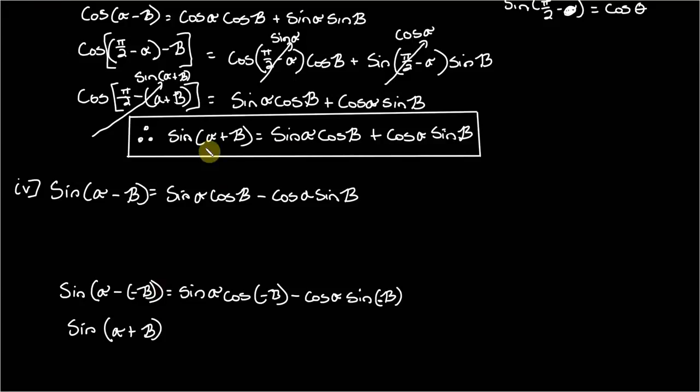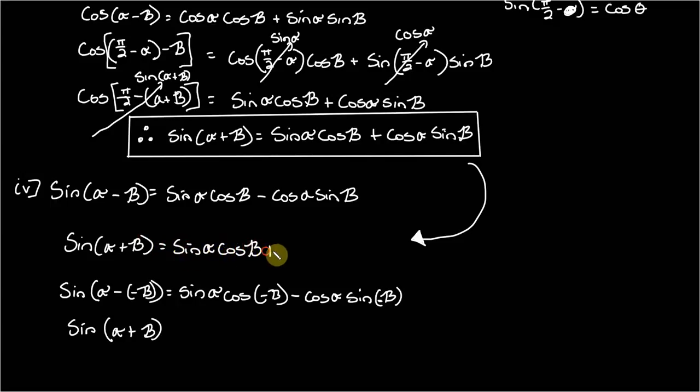Actually, we want to use this result right here, like we did before, for the periodicity, symmetry, and identity. So let's write it out. Sine alpha plus beta. We've already proven this. Sine alpha plus beta equals sine alpha cos beta plus cos alpha sine beta. Right? We want to substitute negative beta into here.